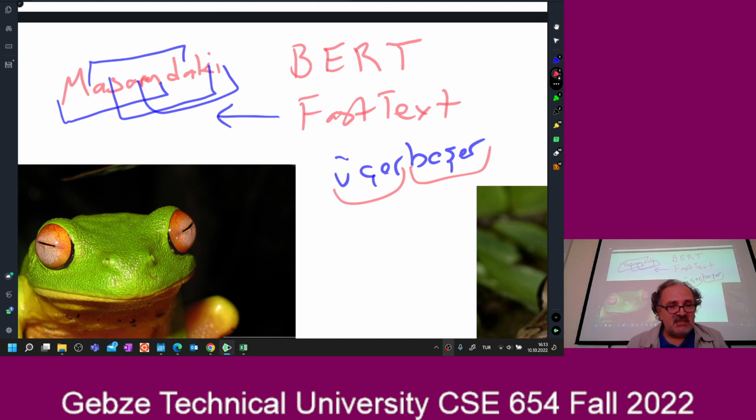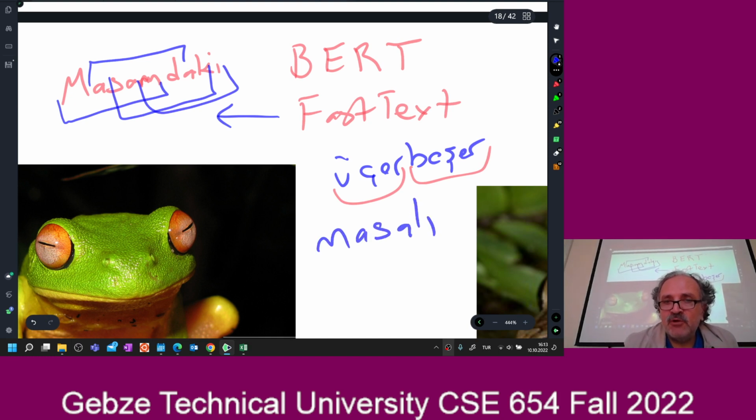BERT is even better. It does the same thing, but it says that when I see this word, it should have a different vector depending on the context.